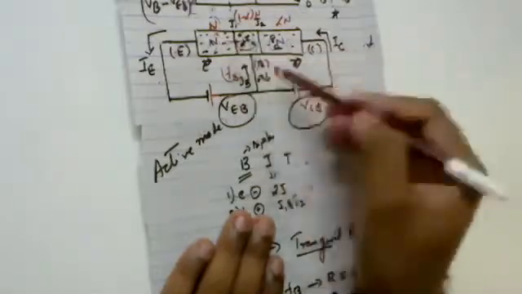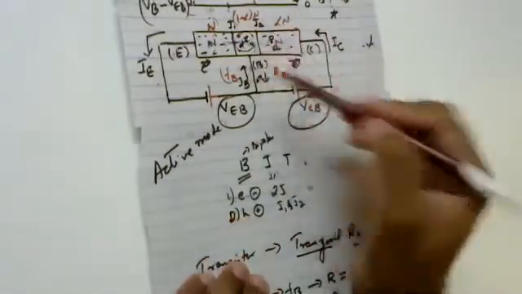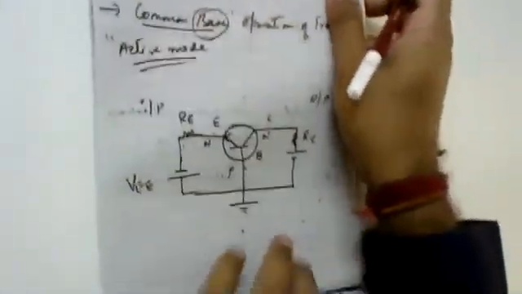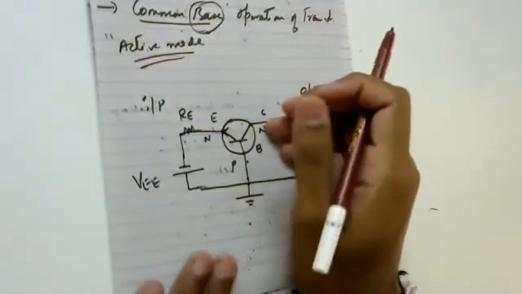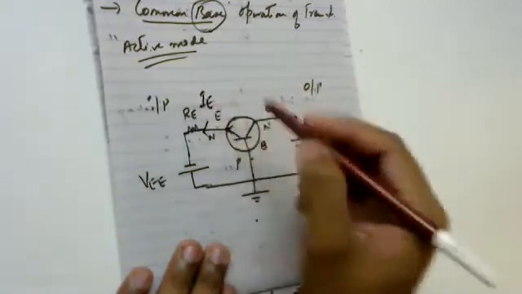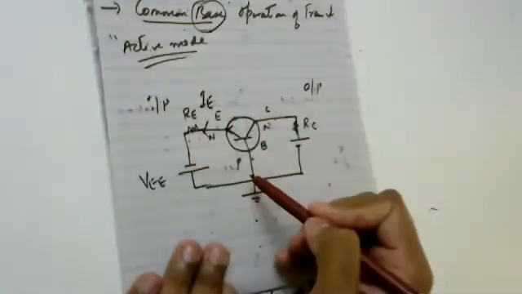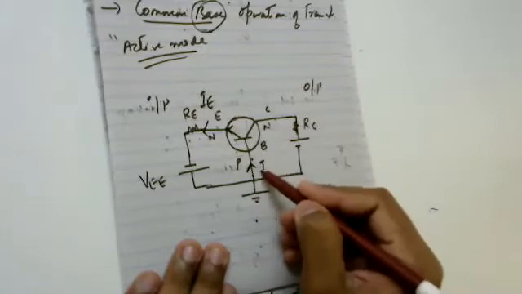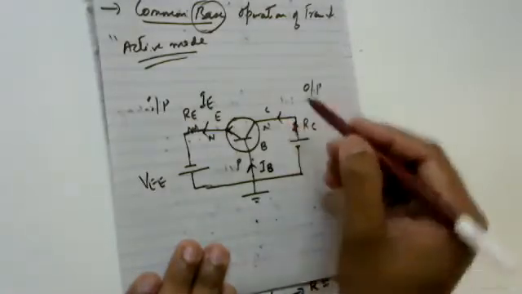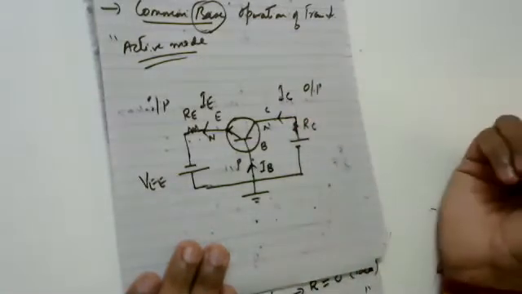Taking this as input, I know how I should define the directions of the currents in the loops. So this is the direction of current IE, this is the direction of current IB, and this is the direction of current IC.